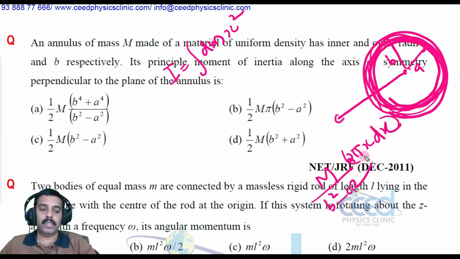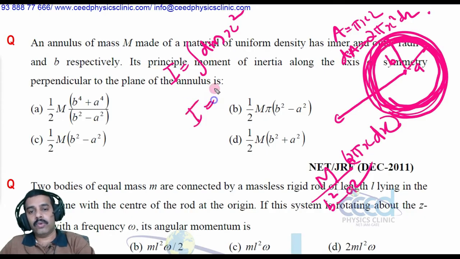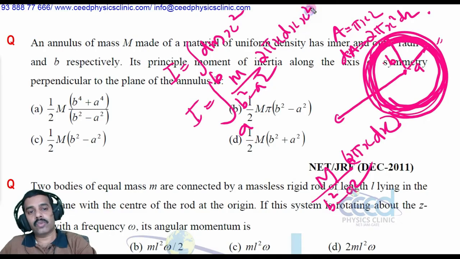It is pi x square, and a differential small area dA is equal to 2 pi x dx. Now we can substitute this value here, the area of this small strip I am considering here, that is varying from A to B. Mass distribution from A to B. So A to B, m by b square minus a square 2 pi x dx into x square.